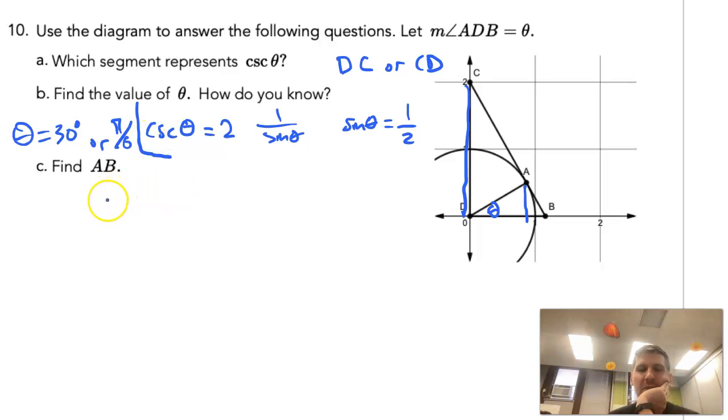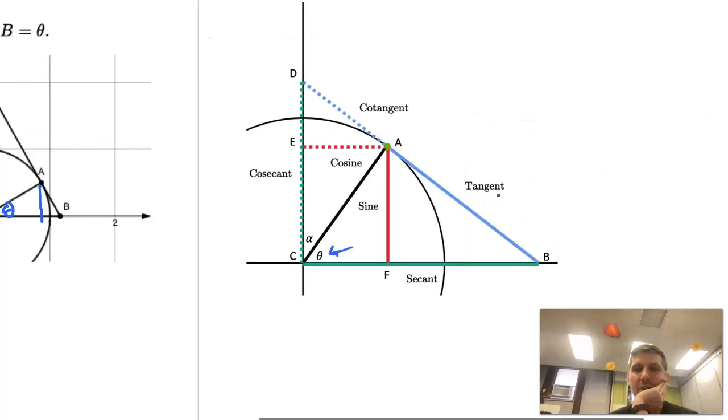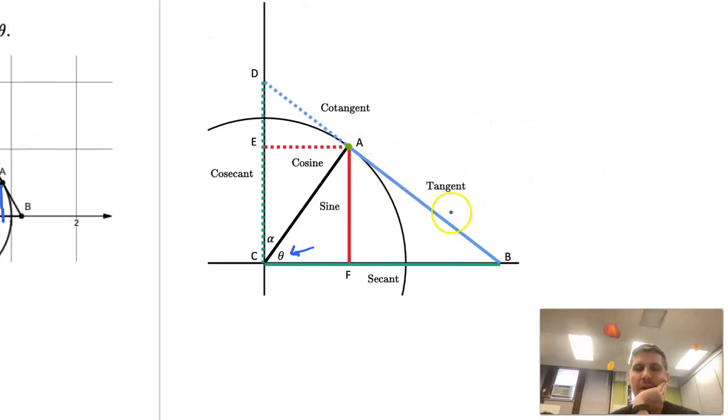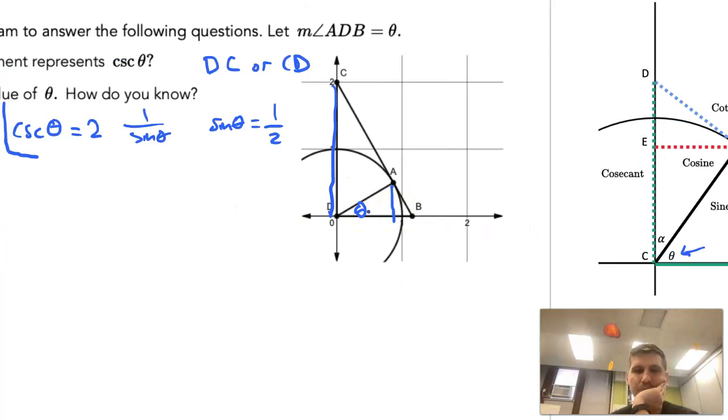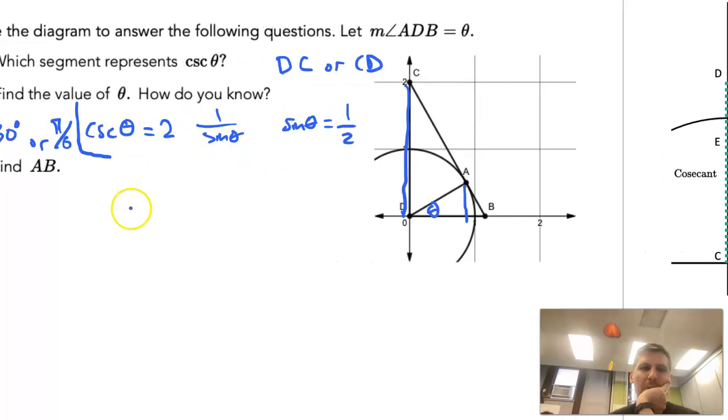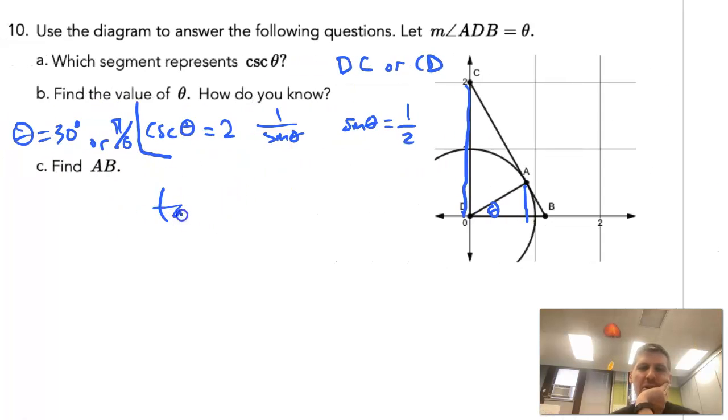Now the last thing here is to find AB. And if I look over here, AB, that value corresponds to the tangent. So we're essentially looking for the tangent of 30 degrees. Tangent is equal to sine over cosine.